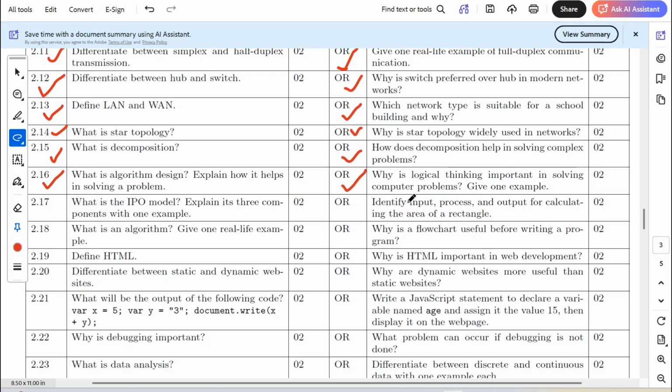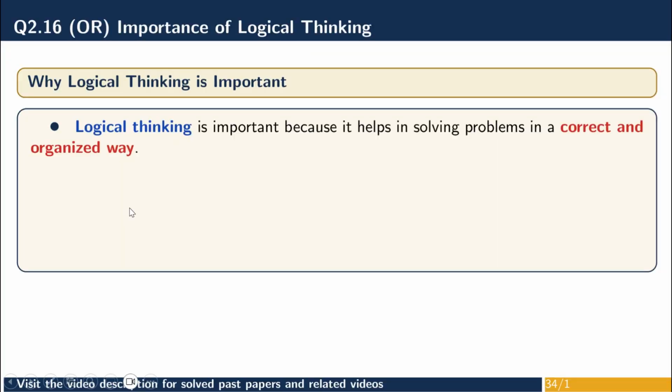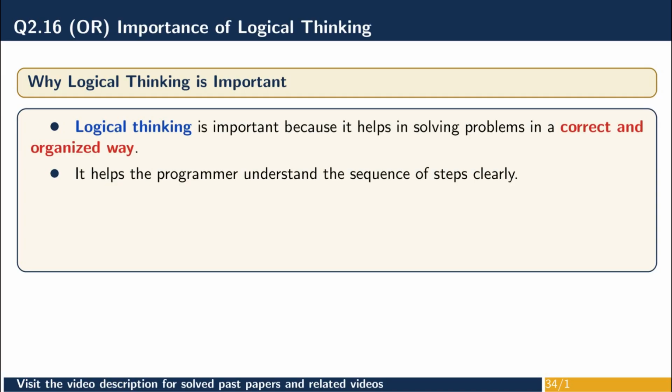Or part is, why is logical thinking important in solving computer problems? Give one example. Logical thinking is important because it helps in solving problems in a correct and organized way. It helps the programmer understand the sequence of steps clearly.